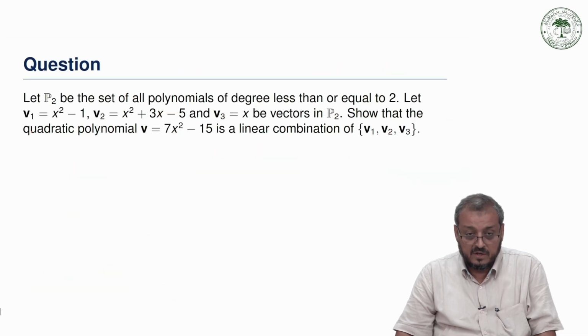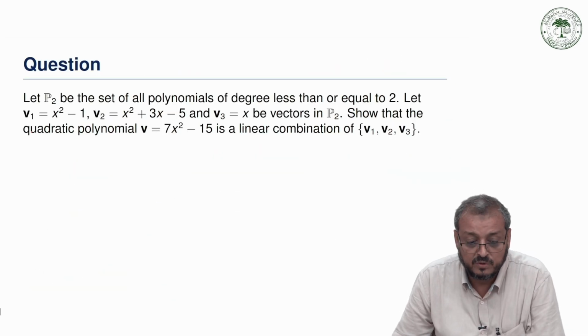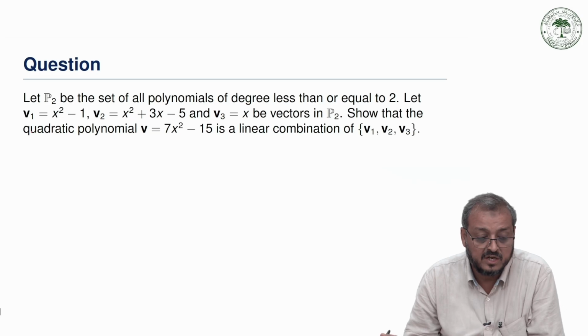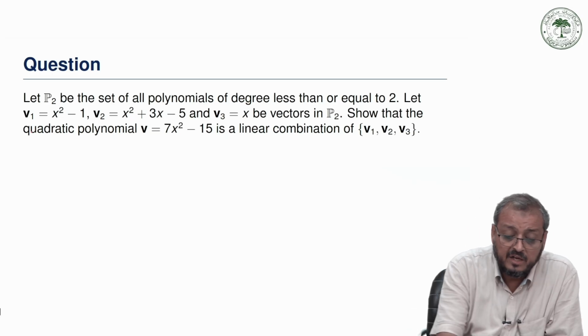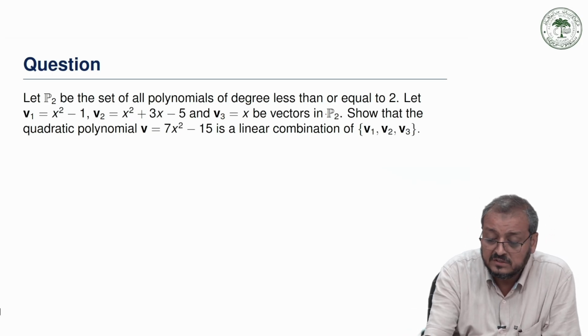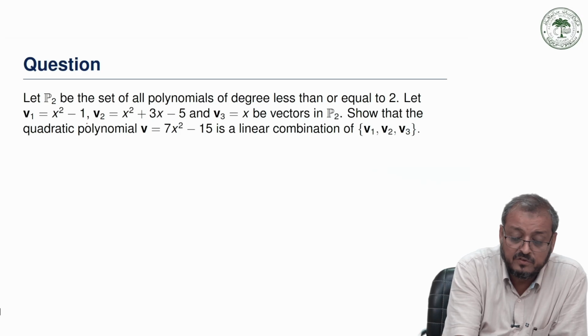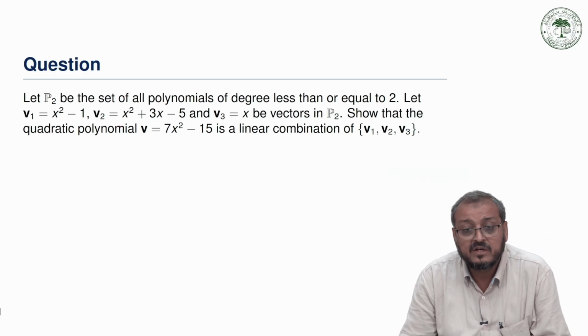Okay, so now we have one more question. In this we take polynomials of degree less than or equal to 2, and we have v1, v2, v3 as vectors in P2.